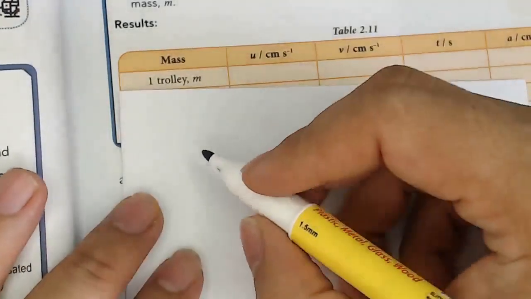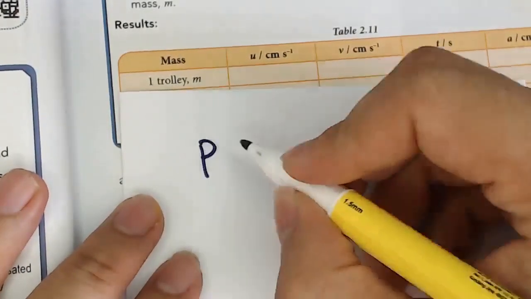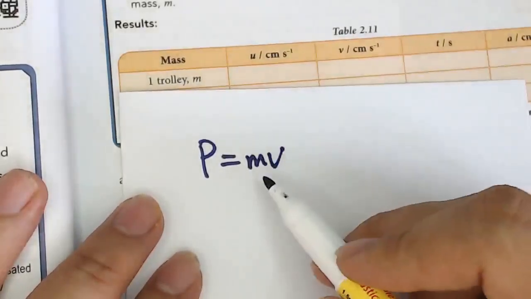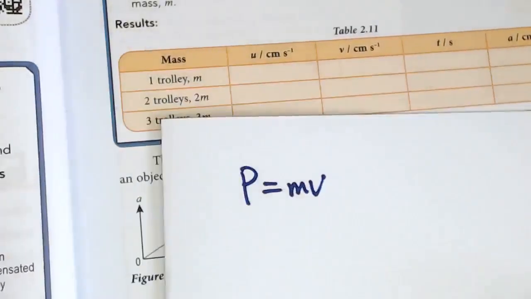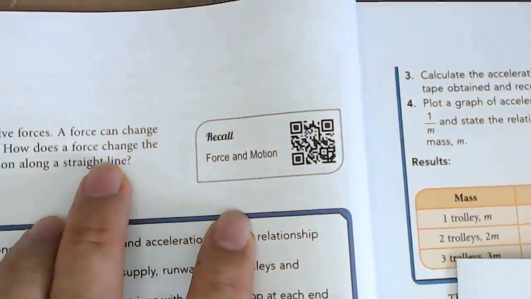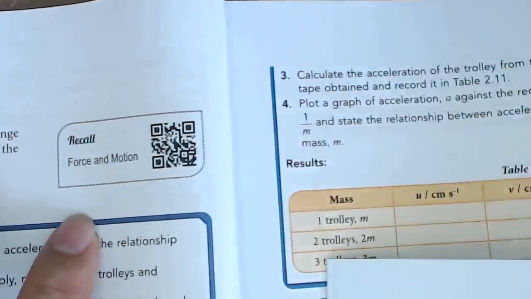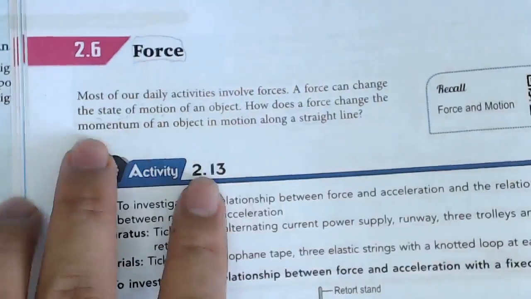Okay, and you know the formula for momentum, P equals mv. Now the statement says that force can change the momentum.